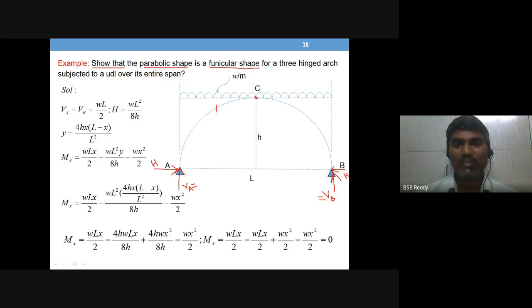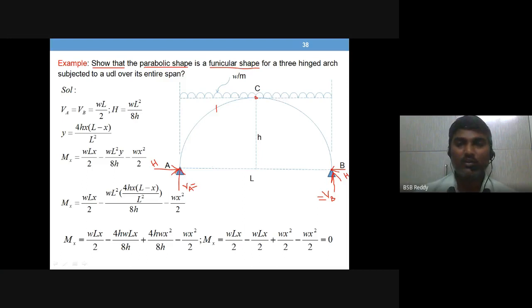You are always permitted to calculate by using equilibrium equations. When you want a shorter way, you can use symmetry.